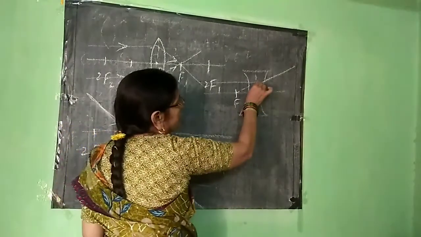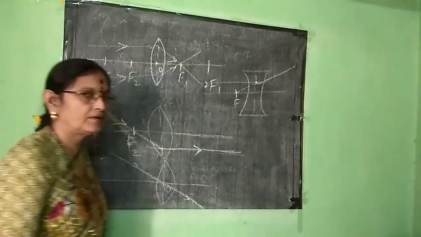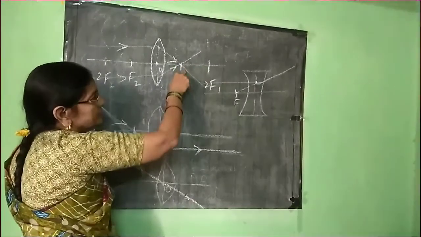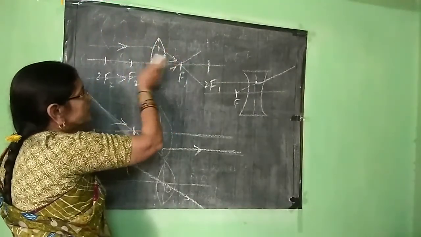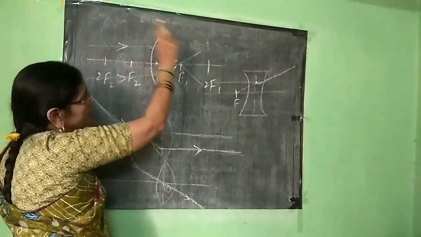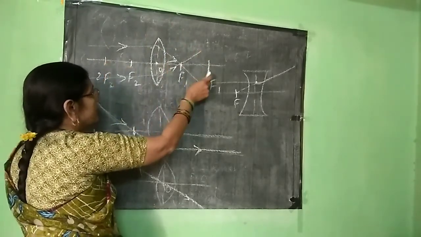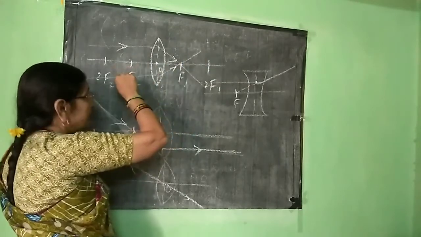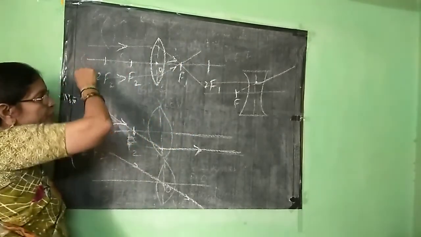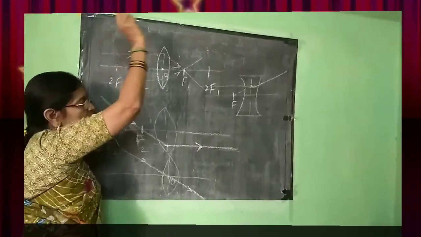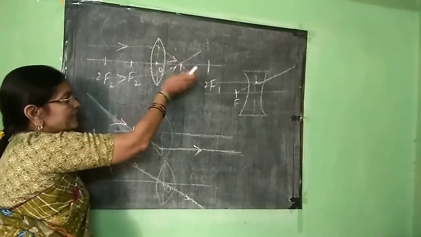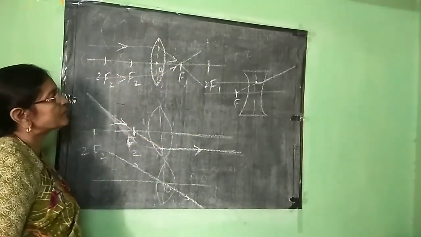Now, the image formations at different positions. If the object is beyond F1, the image will be between F2 and 2F2, and if it is at 2F1, the image will be at 2F2. If it is between F1 and 2F1, then the image will be beyond 2F2, and vice versa, because this is a transparent medium.